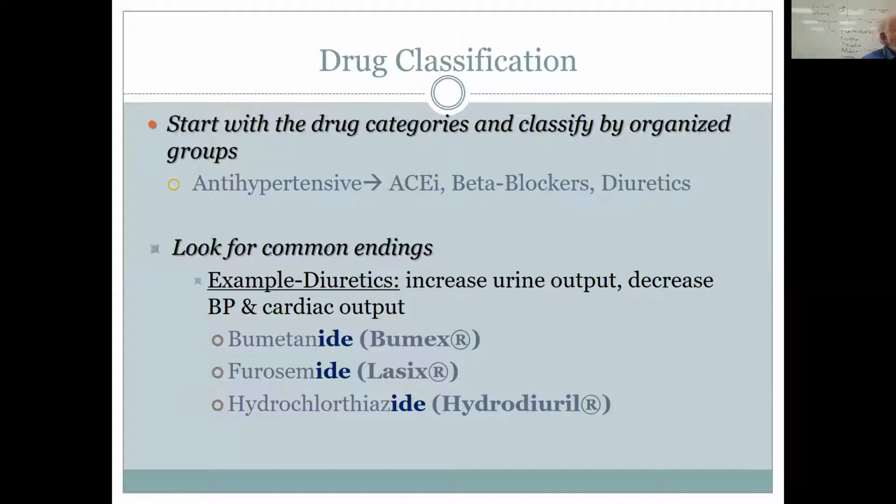We don't just throw all of them at every patient. Usually what happens with hypertension patients is that the first thing you'll throw at them is a beta blocker, unless you know they're retaining water.